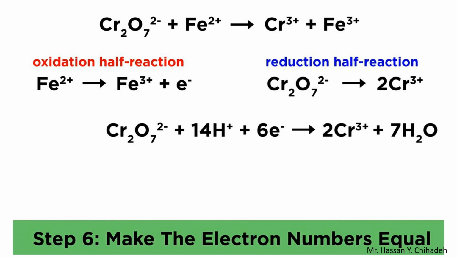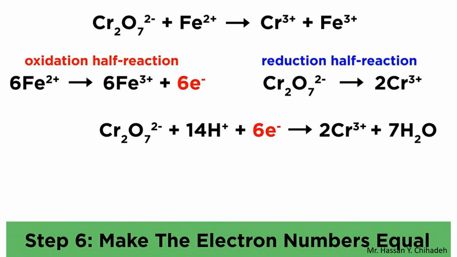So the oxidation half reaction should be multiplied by 6. It becomes 6Fe2+ to give 6Fe3+ + 6 electrons. And the reduction half reaction, we have 6 electrons on the left hand side.